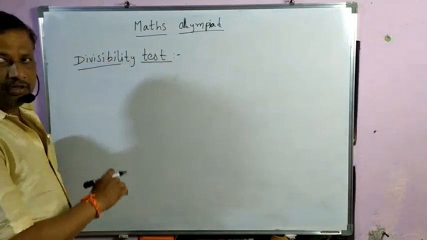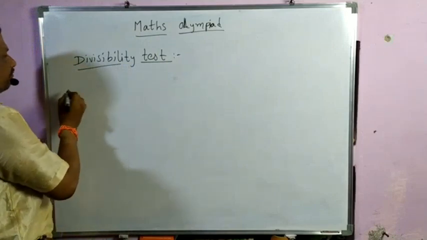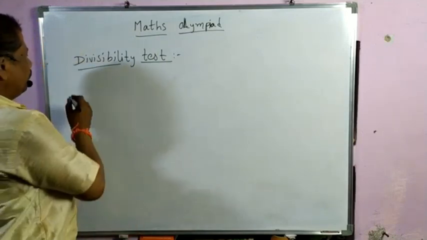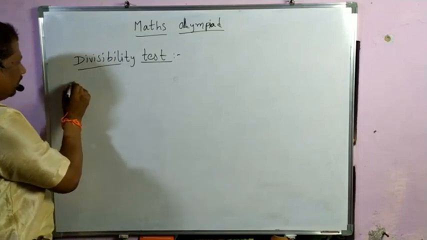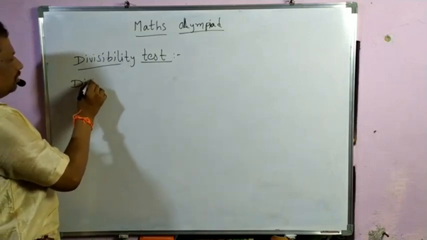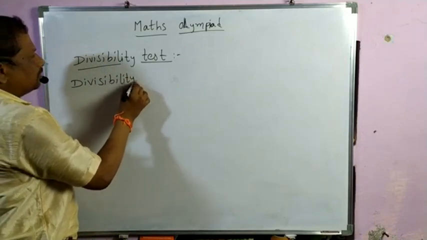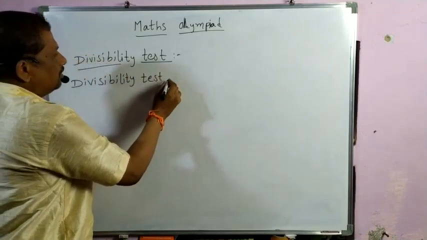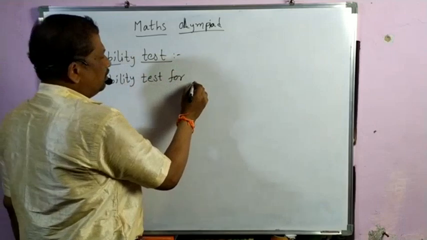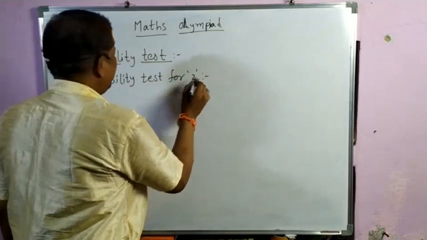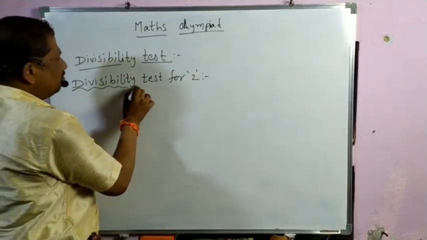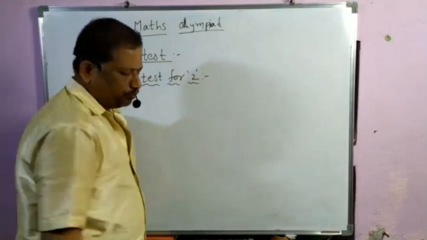This size. Now divisibility test for 2. Divisibility test for 2. First one. What is the divisibility test for 2?